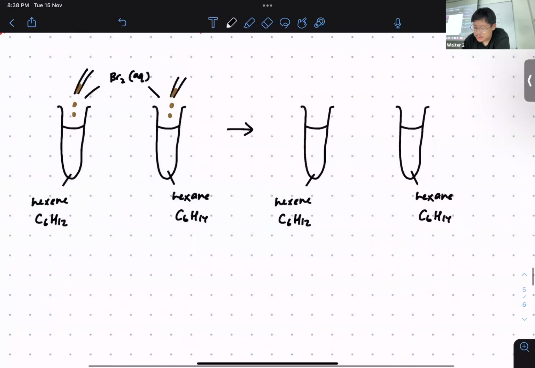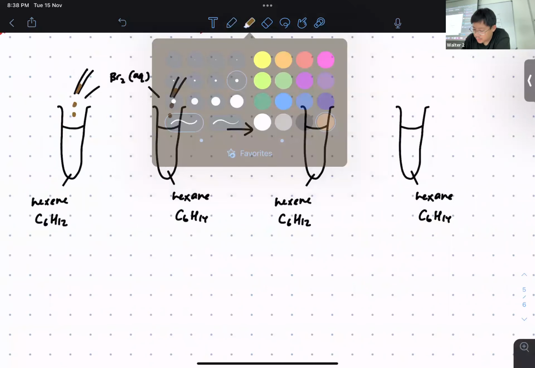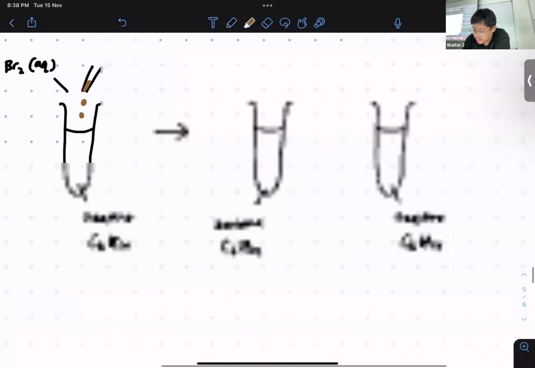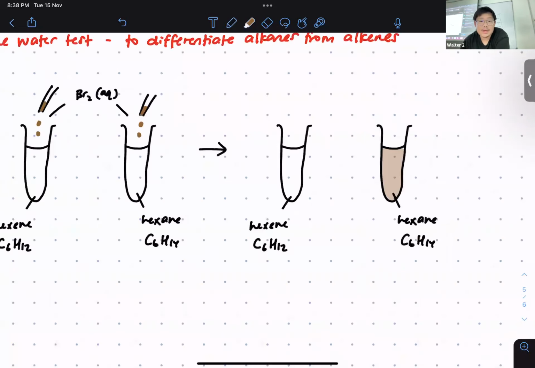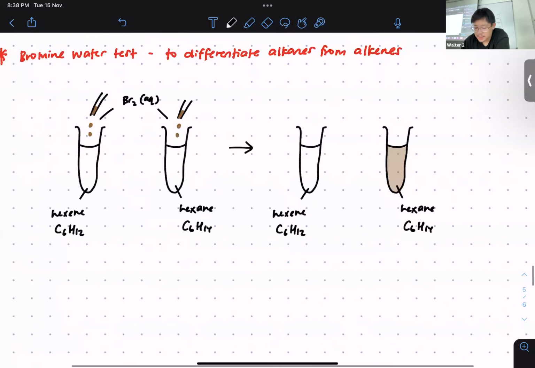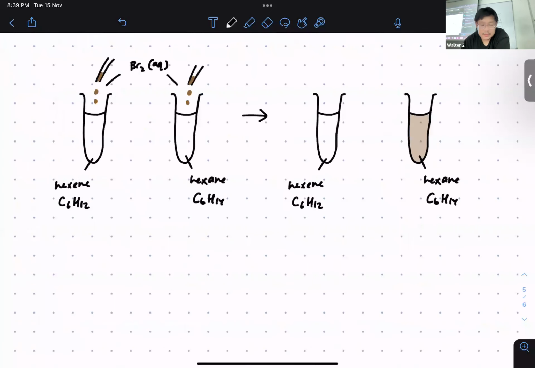So later on, what you notice is that the hexane will still have some brownish color after you shake it, but hexene will decolorize the bromine water. Okay, so hexene got reaction, hexane no reaction. That's how we know that a halogenation has happened.